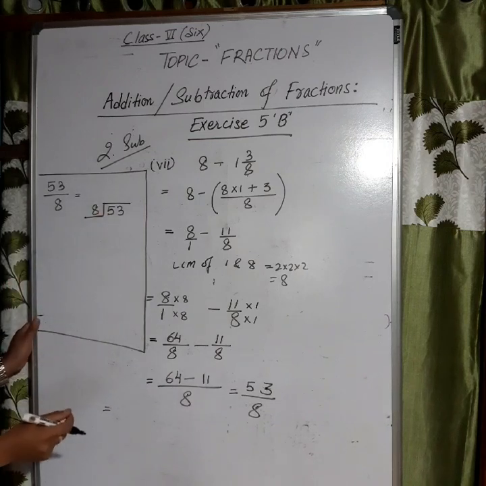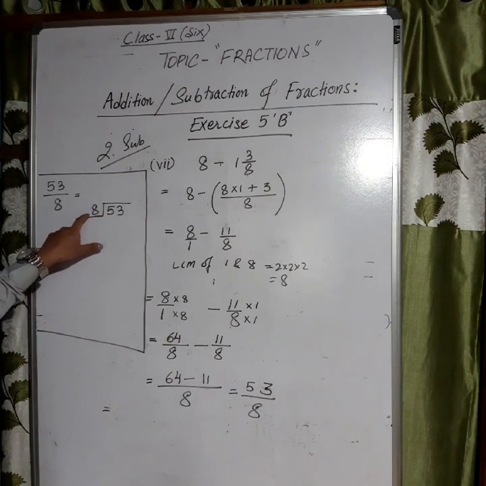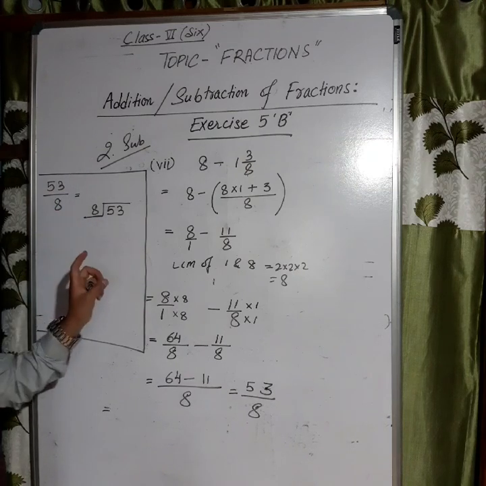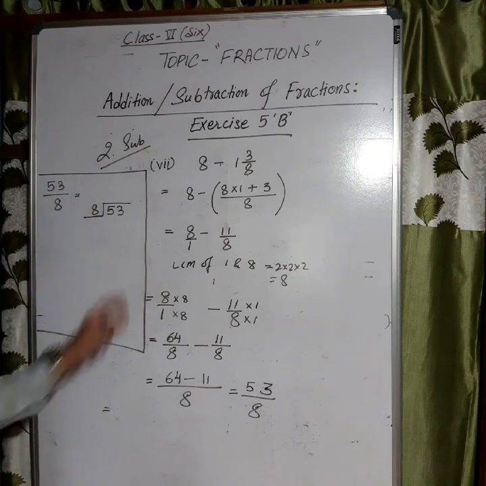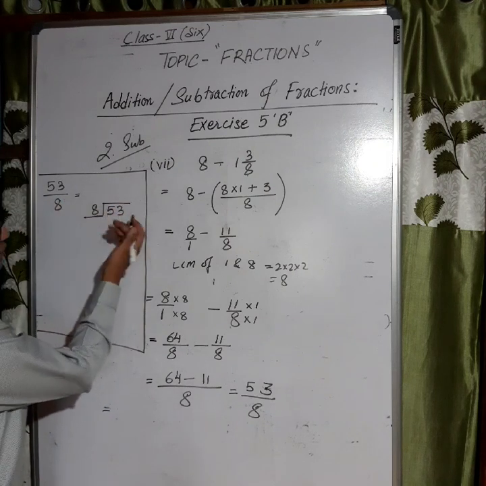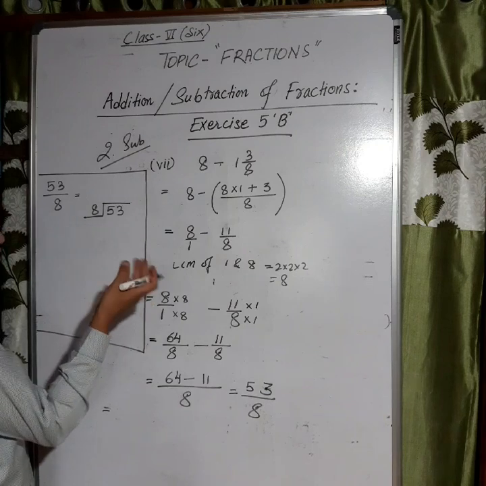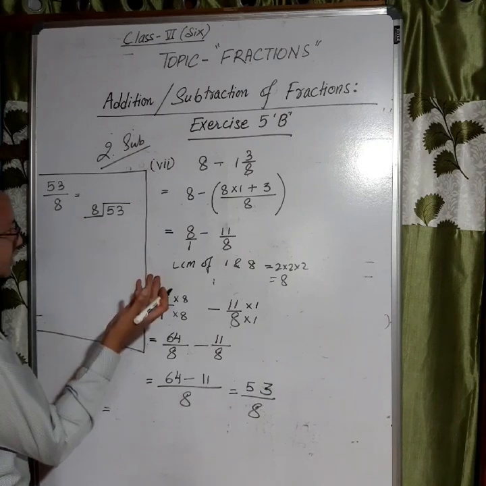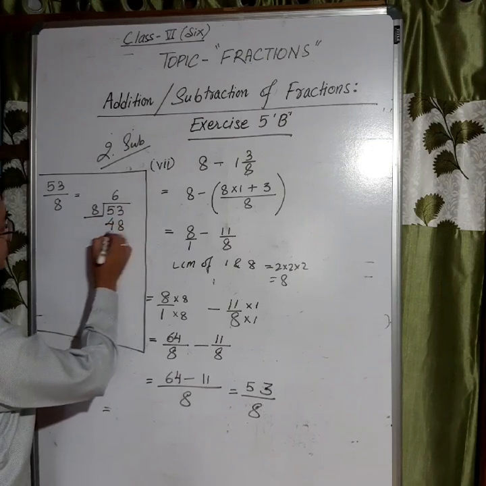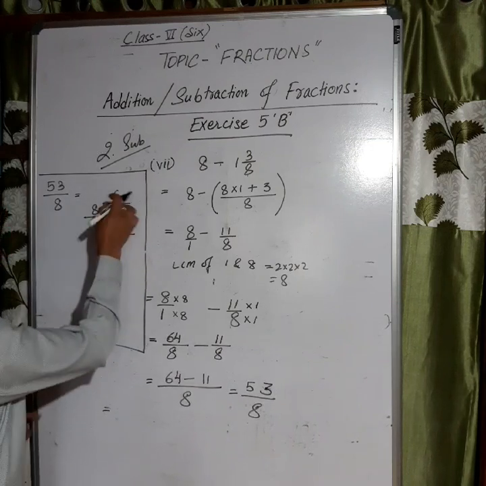So 8, by which number if you multiply 8, you will get exactly 53 or lesser than 53? It should be nearest to 53. 64 is bigger than 53. 8 7s are 56, 8 6s are 48.